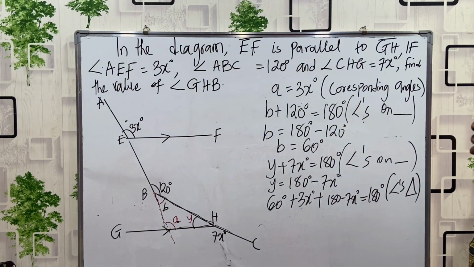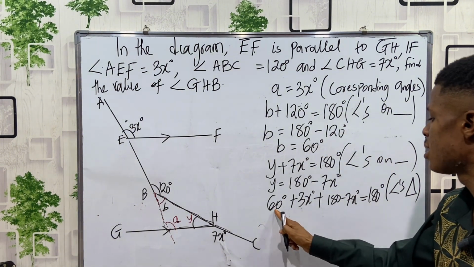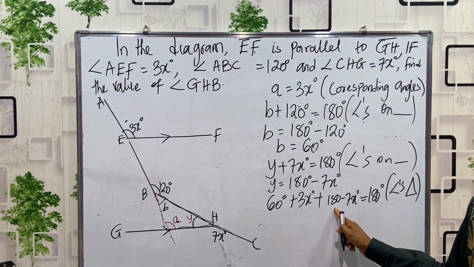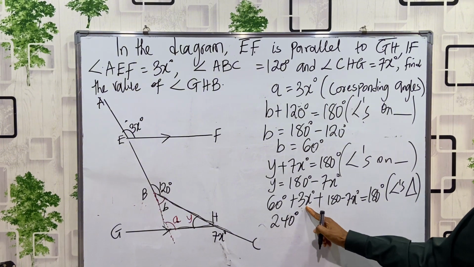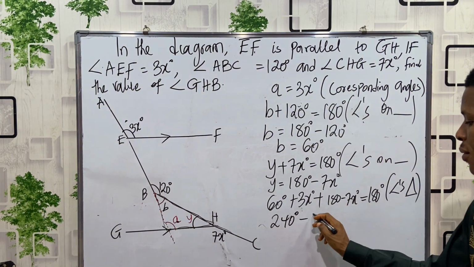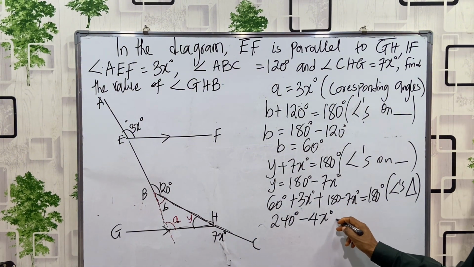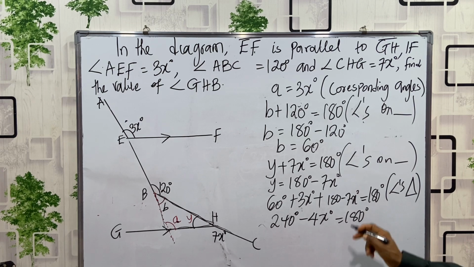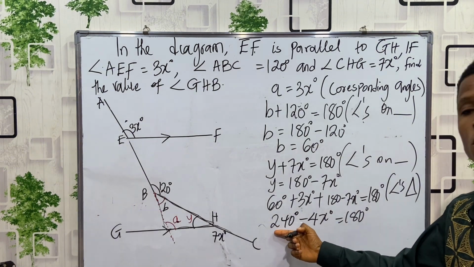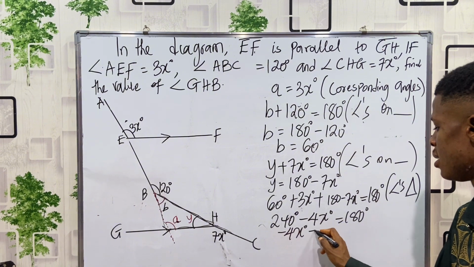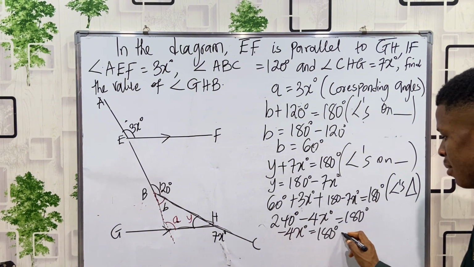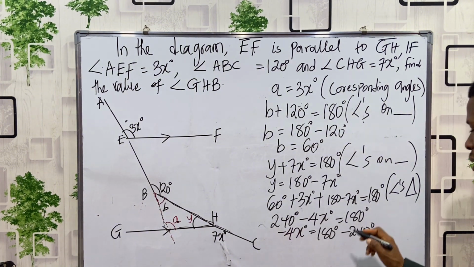When you do this, you can see that 60 degrees plus 180 degrees will give you 240 degrees. Then 3x minus 7x will give you minus 4x degrees, and it equals 180 degrees. So you subtract 240 degrees from both sides. Minus 4x degrees equals 180 degrees minus 240 degrees.